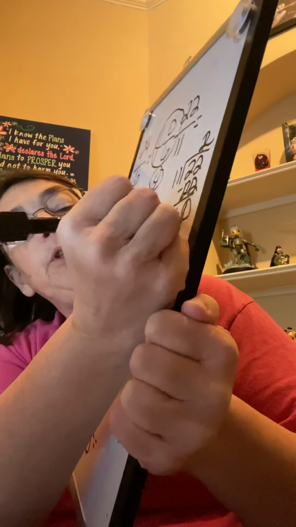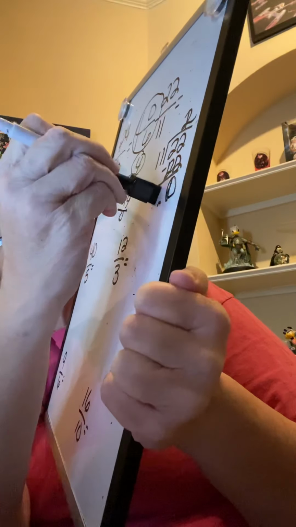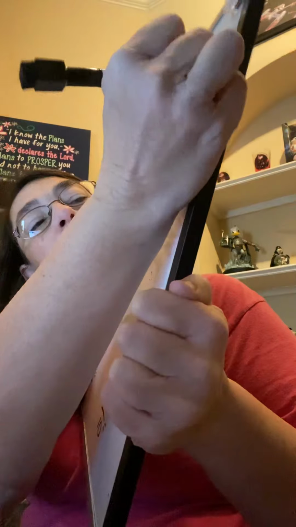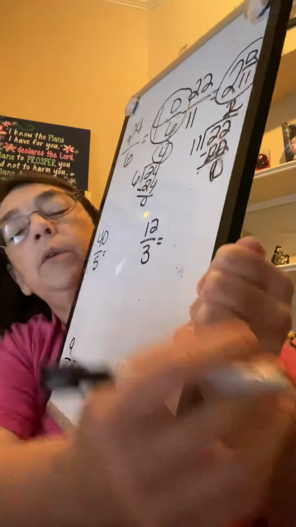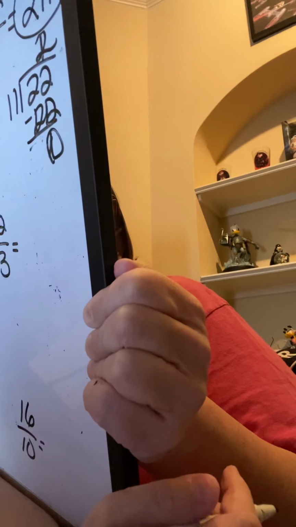It goes in 2 times. That would give me 22, which is 0. Very good, Miliani. So I would get 2 and 0 over 11. So you'd get the whole number 2, and if you're putting the fraction, you would put 0 over 11.